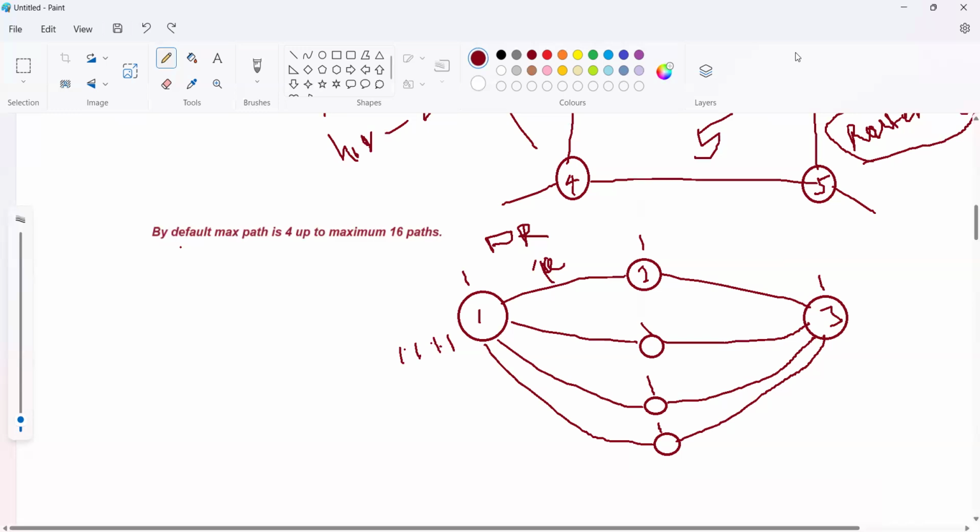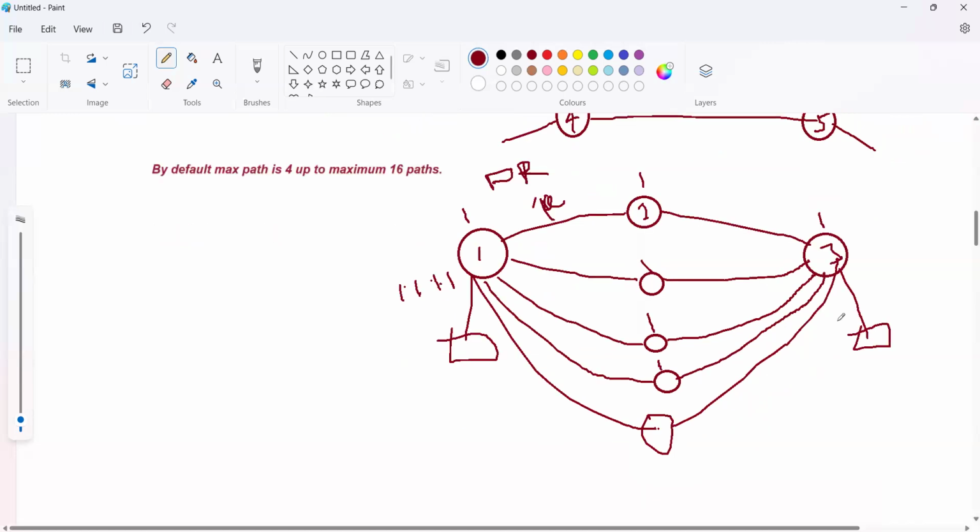And by default, the maximum paths are 4. What does it mean? From source to destination, it will use 4 paths, and the routing table stores the information of 4 paths. If you want, we can extend it up to 16 also.